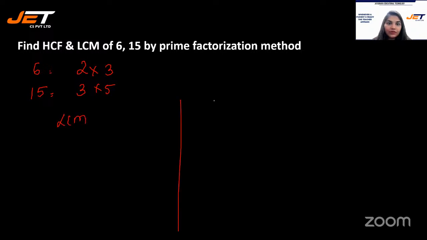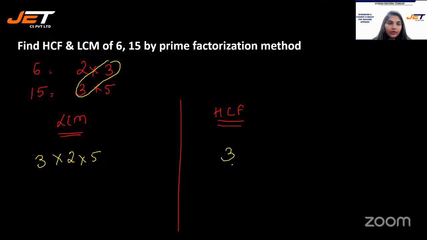LCM here, HCF here. Okay, here LCM is, I can just make a pair of 3 and the other numbers are 2 and 5 and HCF is only 3. So 2 5s are 10, 10 3s are 30. 30 is the least common multiple and HCF is 3. Okay.